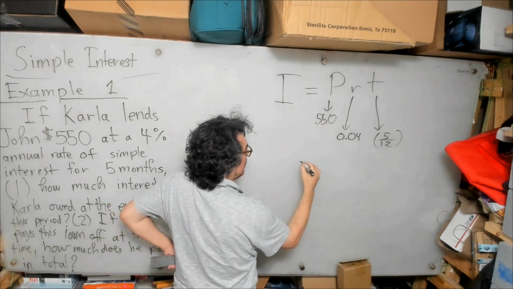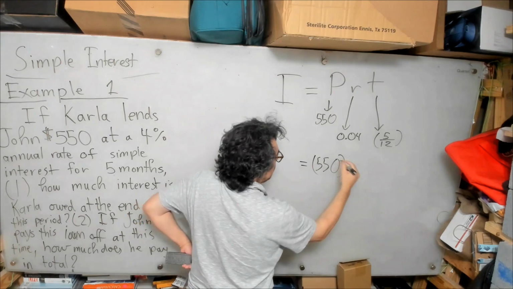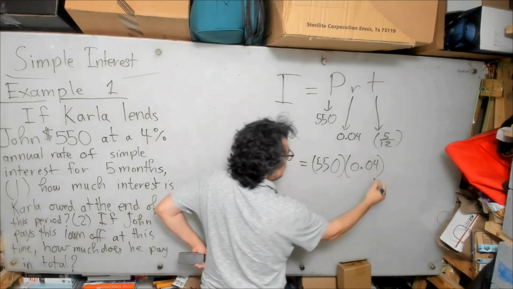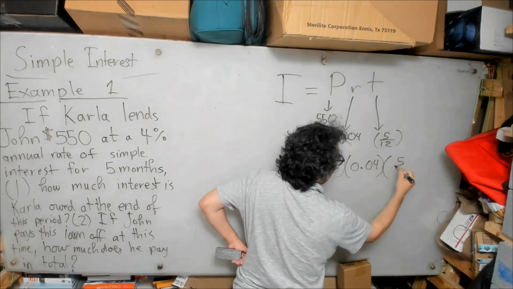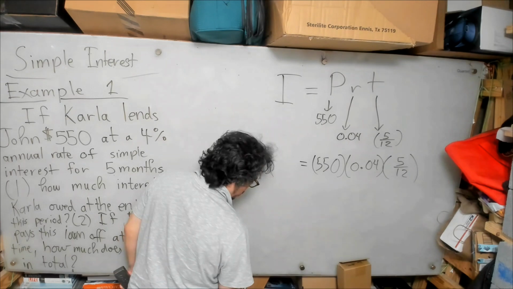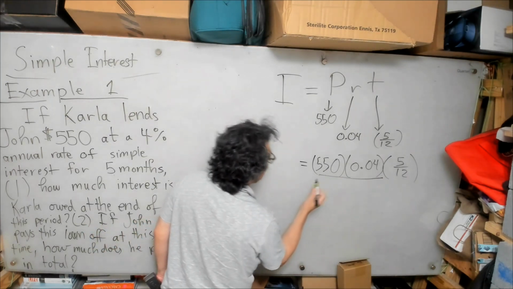So this is going to equal, in other words, 550 times 0.04 times 5/12.